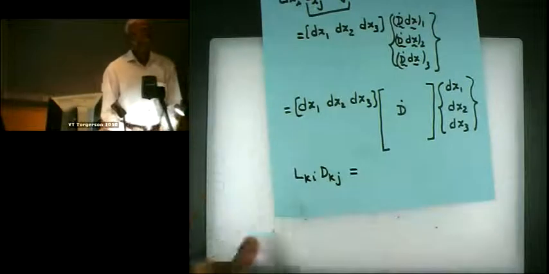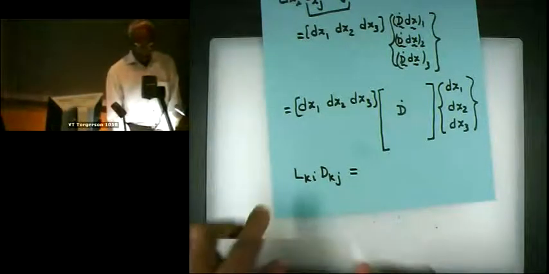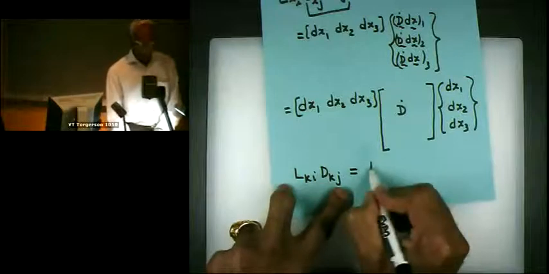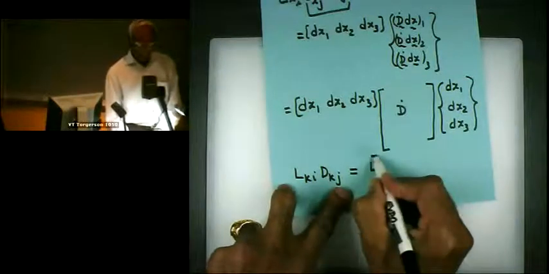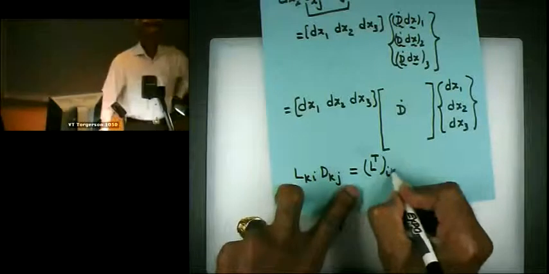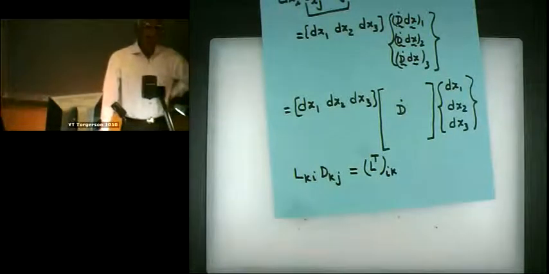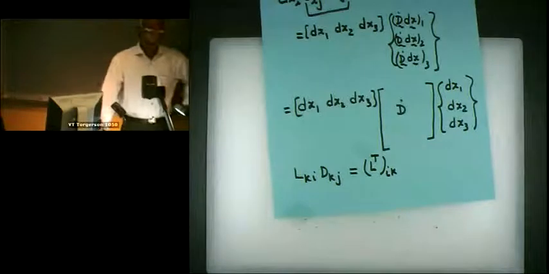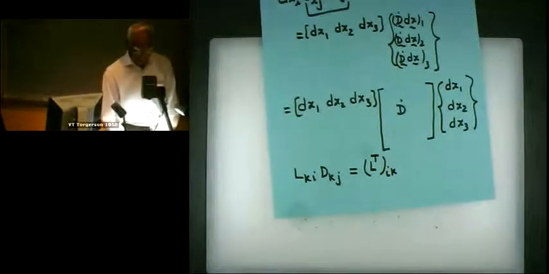Now to get this K next to each other, I say L transpose. That will give me IK. So L transpose IK is the same thing as LKI. And then the next is DKJ.